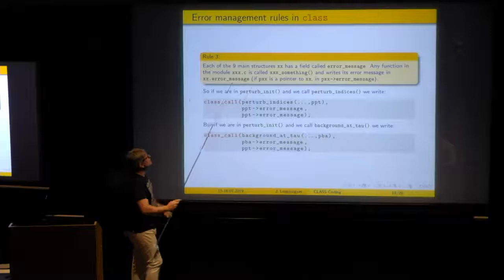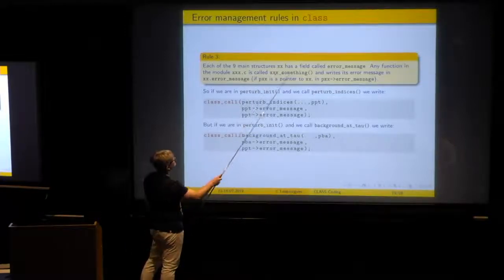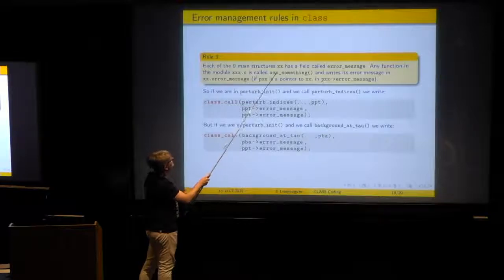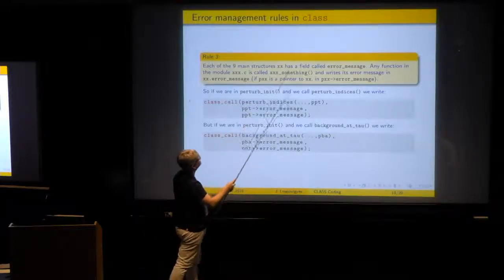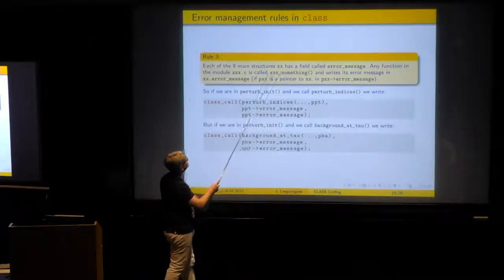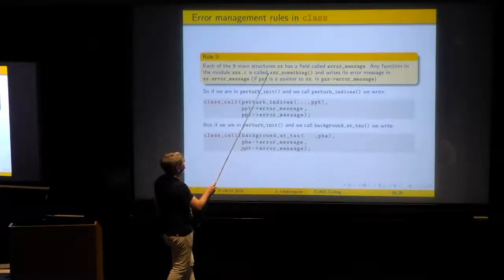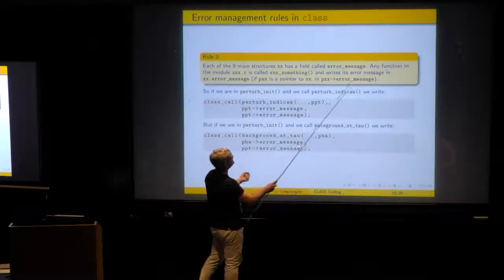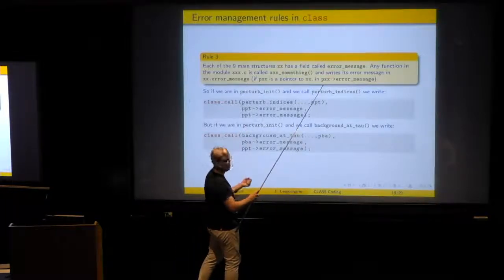Any function called XXX something belongs to the module XXX and knows the structure of the module. And so any function belonging to the module XXX will always write its error message, in case of problem, in the error message field of the same module.